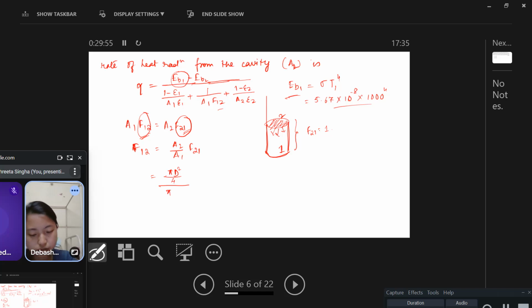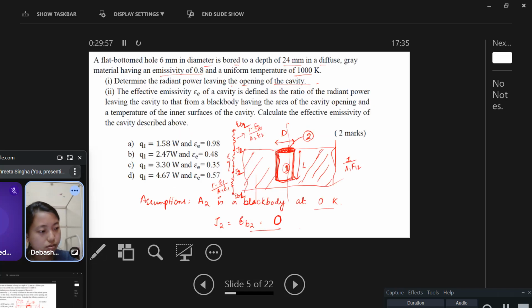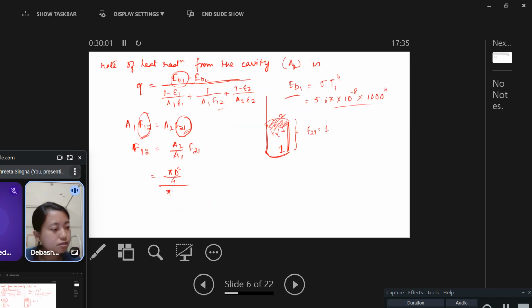A1 is this plus this. So the bottom surface is again pi d square by 4 plus the curved surface area. Curved surface area is pi d l. So this into F21, which is 1.